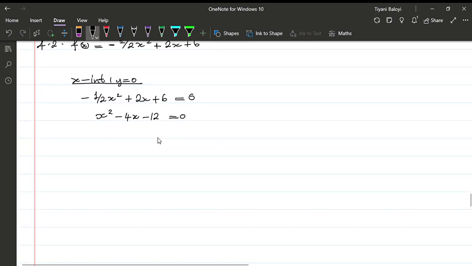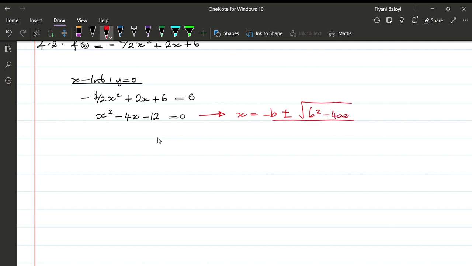You can use the quadratic formula here to find your x values, which is minus b plus or minus the square root of b squared minus 4ac, over 2a, and then you can just substitute. You know how to use this.